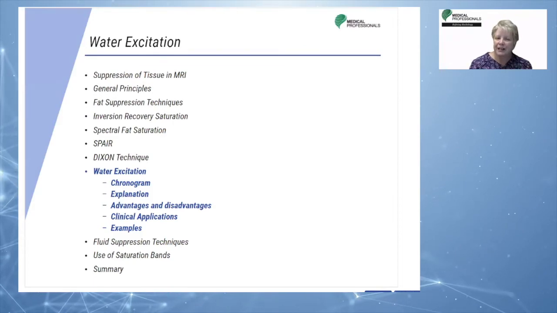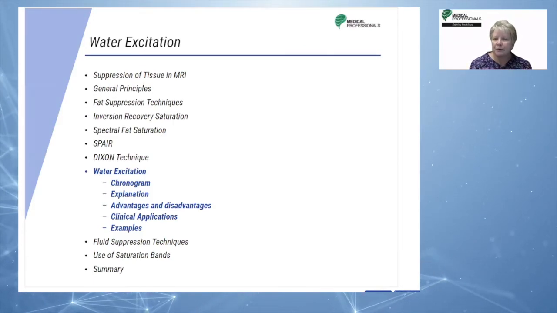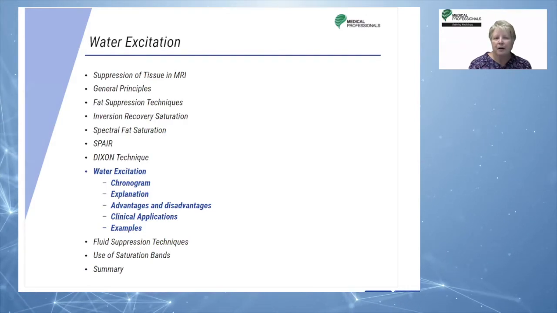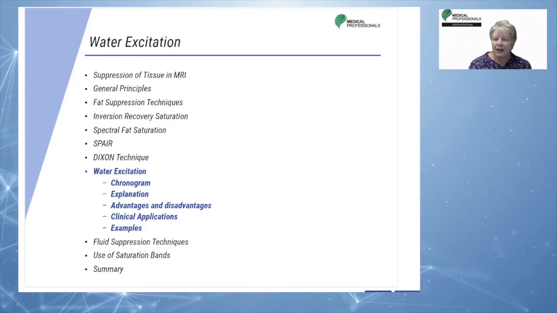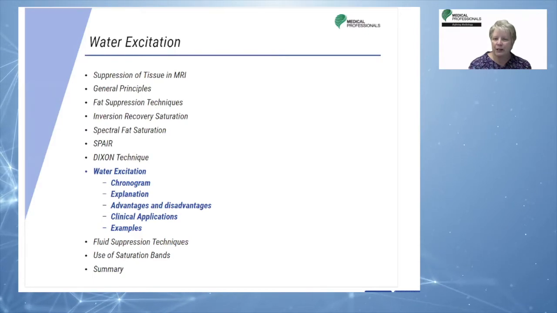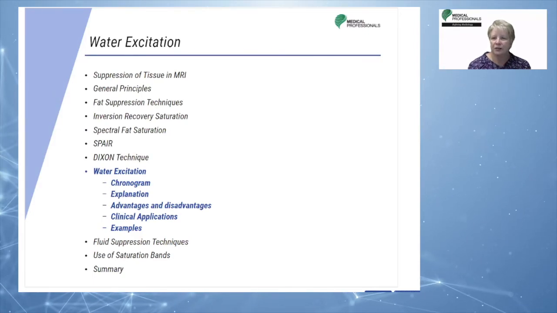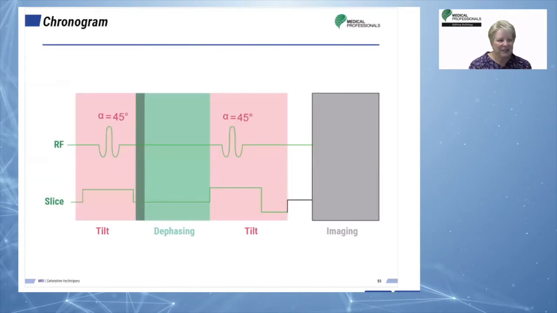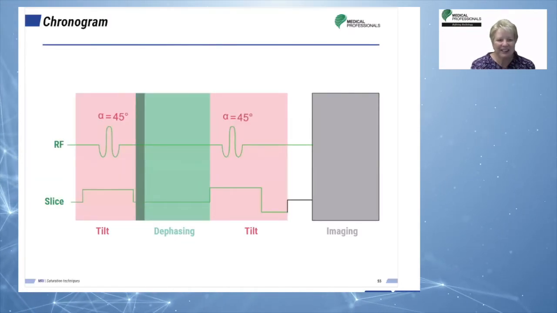In order to understand how this technique works, we're going to present two examples of binomial pulses: a binomial pulse 1-to-1 and a binomial pulse 1-to-1-to-1. Two different terms there, but they sound the same.